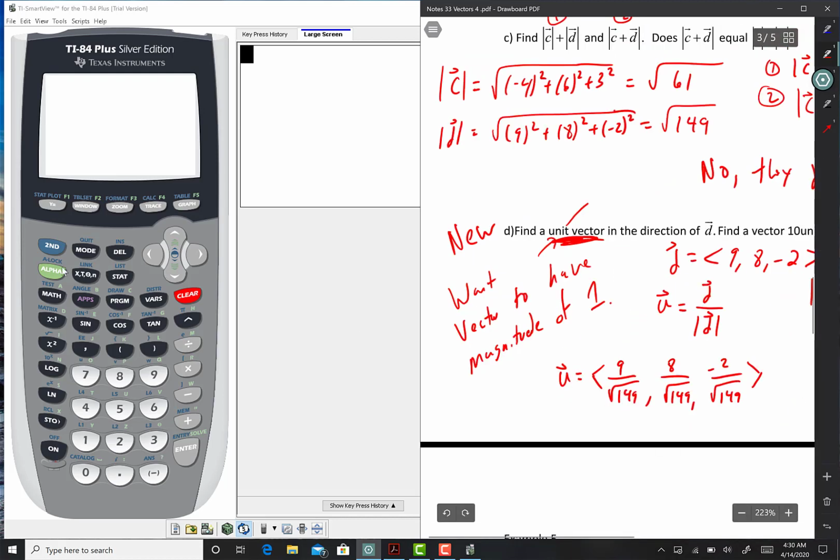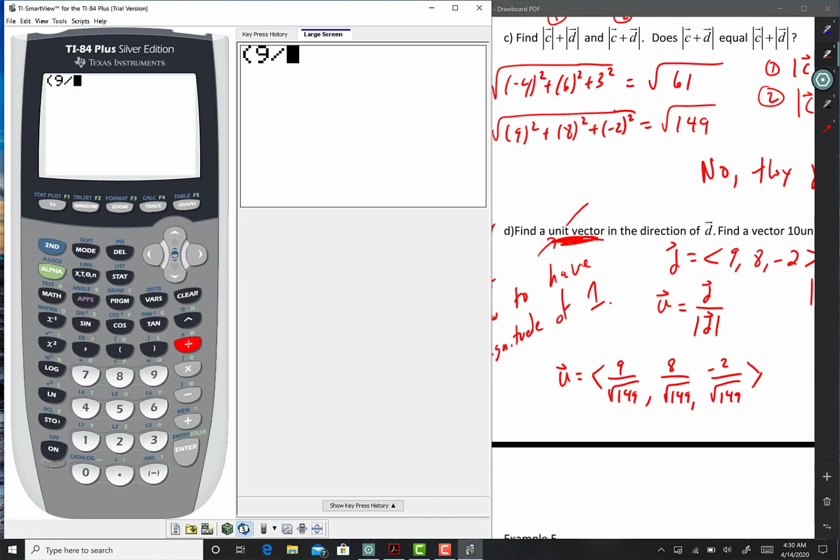So watch. I write in parentheses 9 divided by square root of 149, close that whole shebang, and put square on it, because I'm finding the magnitude, right? Plus 8 divided by the square root of 149, squared again.